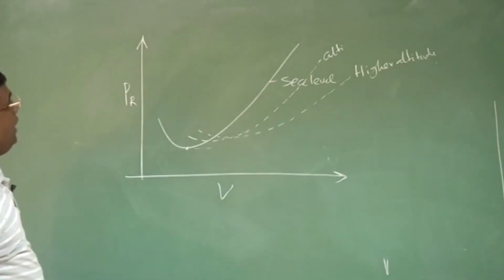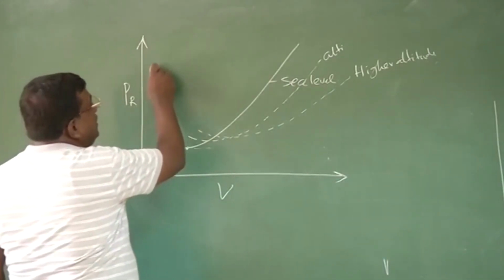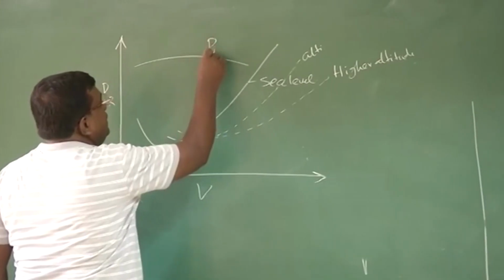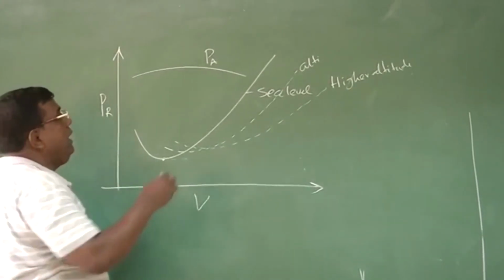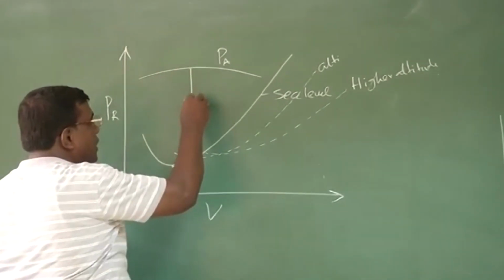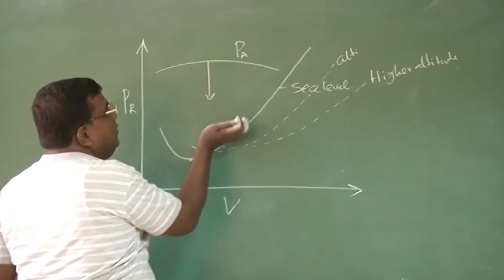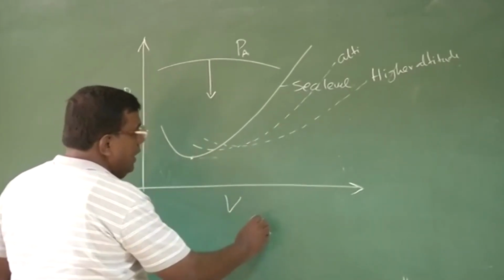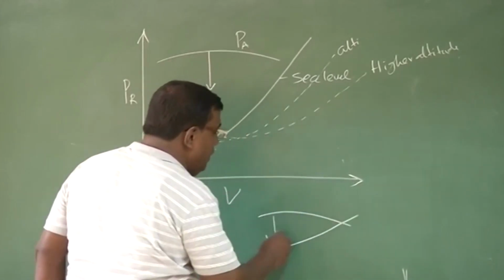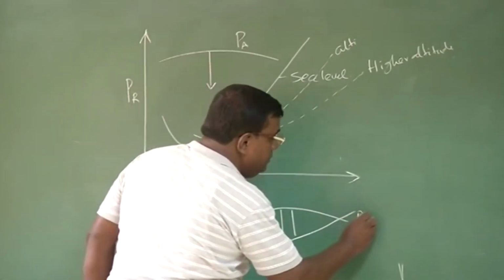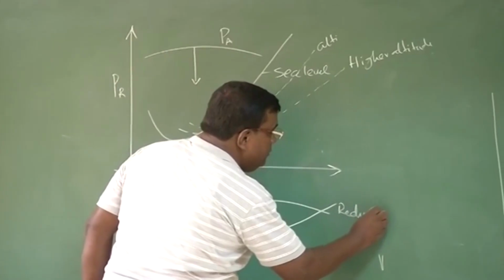Okay, what happens to thrust or power available? The power available was, let's say here, typically for an IC engine propeller combination. As I go higher and higher, this curve goes down, this one rotates upward. So as more and more you go, this gap will go on reducing, right?